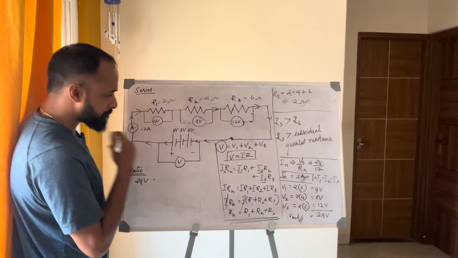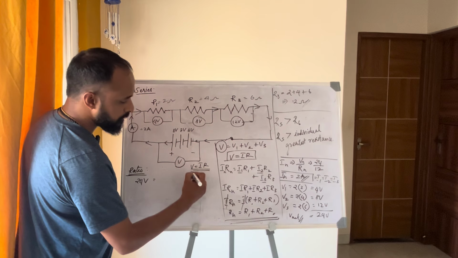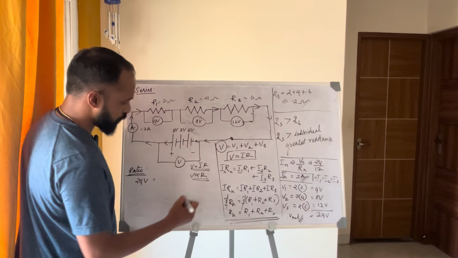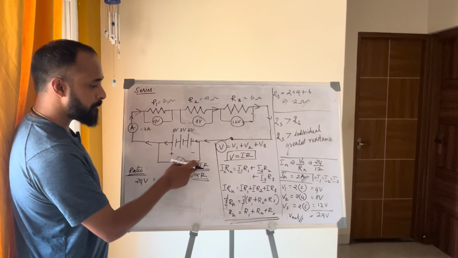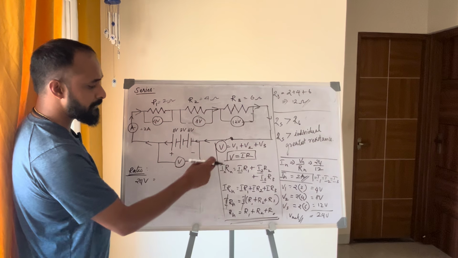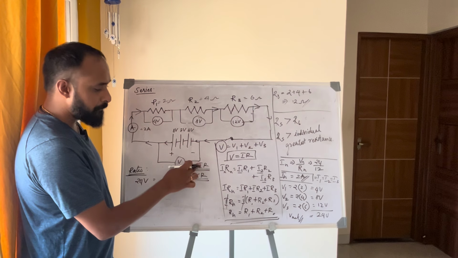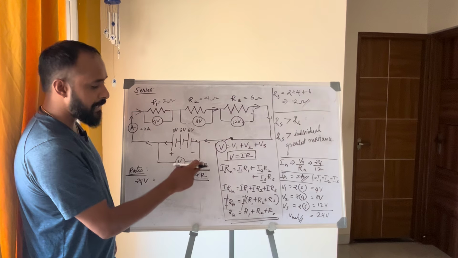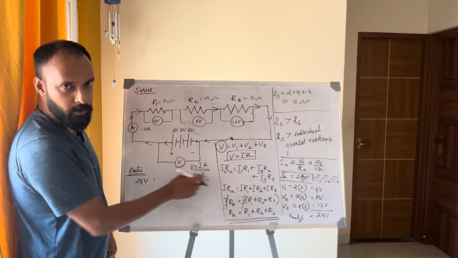And according to Ohm's law, V is equal to IR. V and R are directly proportional. So, if I want the same current to pass through a greater resistance, my voltage also has to increase. Is it clear? If I have to keep the current constant and I change the resistance, how will the voltage compensate? It will compensate directly.